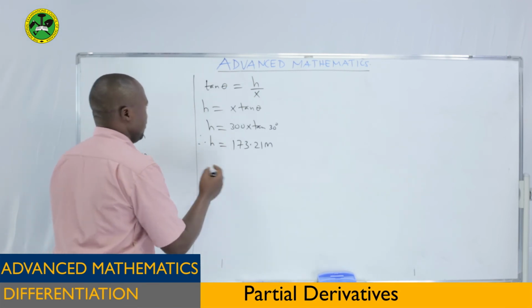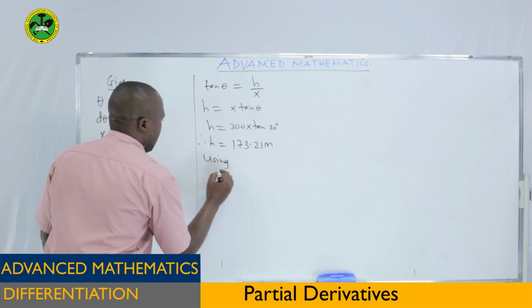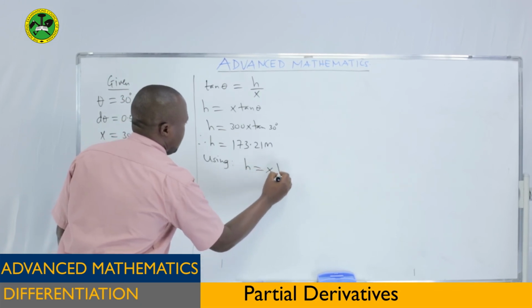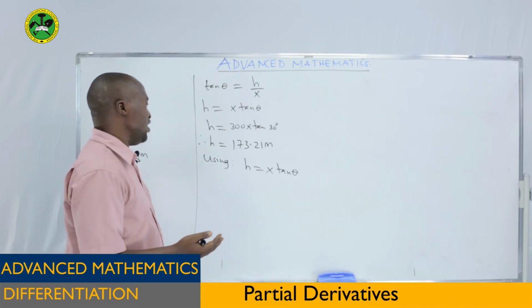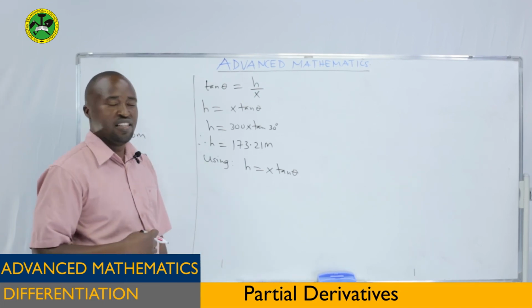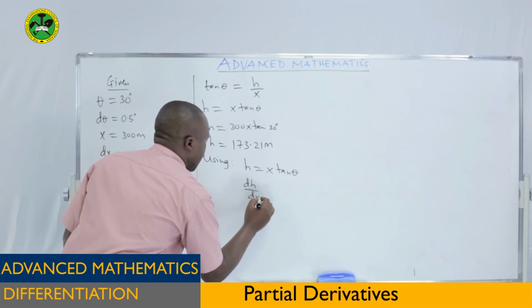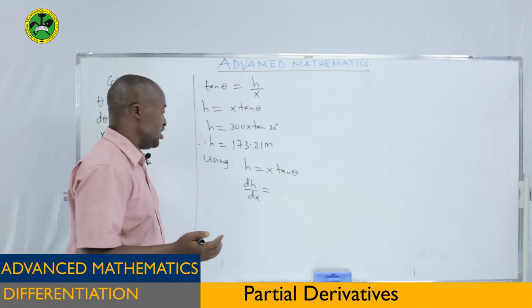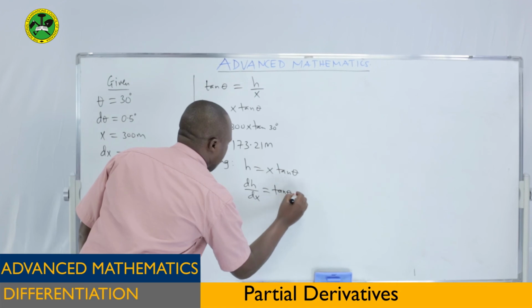Now, using h equal to xc tan theta, it is possible to differentiate h with respect to xc. That is dh dx, which on differentiating is equal to tan theta.